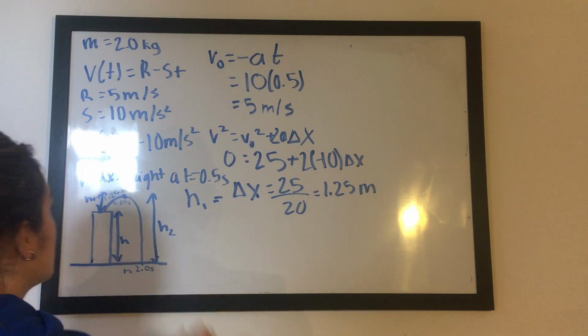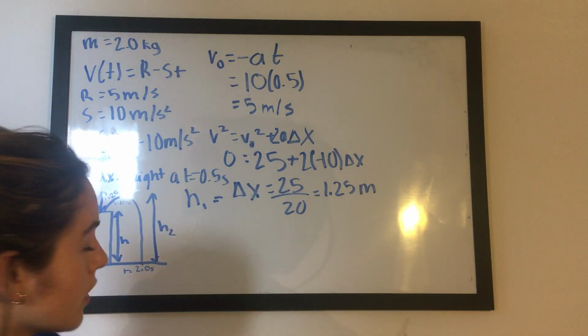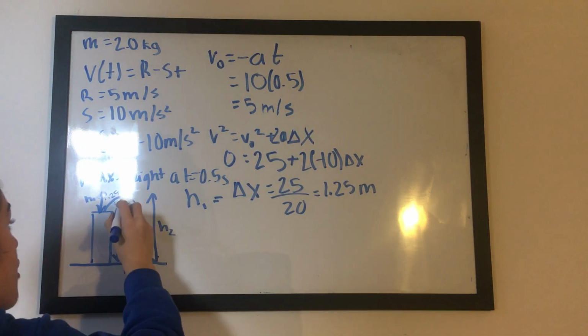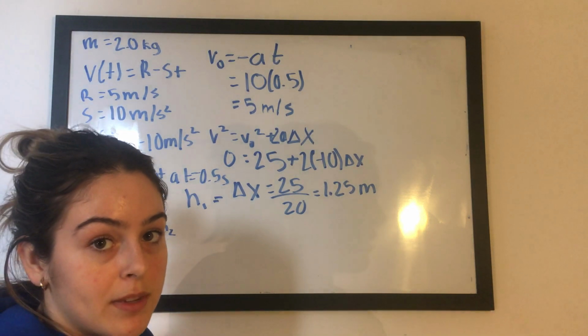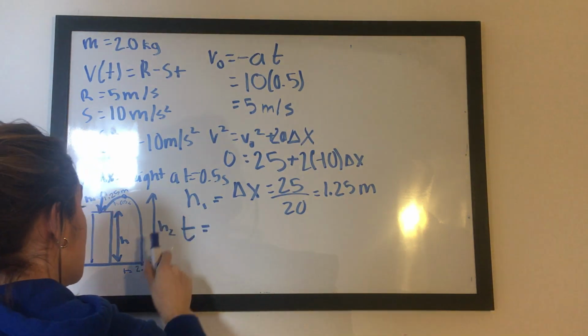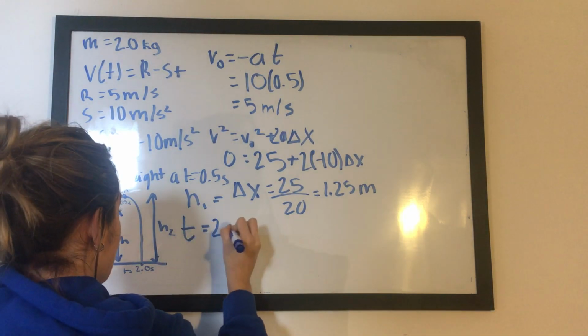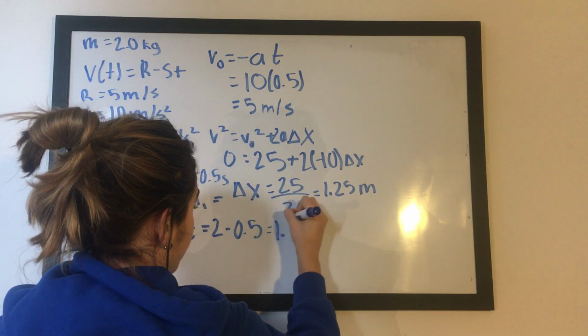So our next task is going to be solving for height 2. We're going to be looking at the function from 0.5 seconds to 2.0 seconds. If we want to know how much time has elapsed between there, time is equal to time final, 2 seconds, minus time initial, which is 0.5, which equals 1.5 seconds.